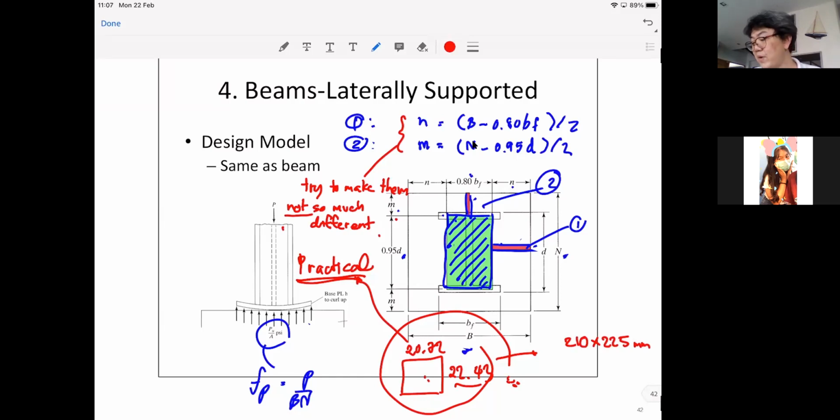So you might want to use, okay, 225 by 225. If you do it like this, during the installation, the workers don't have to be concerned with which direction they should turn the plate. By using the same square size, you would help facilitate the construction a great deal as well.